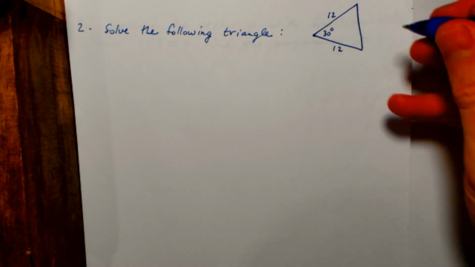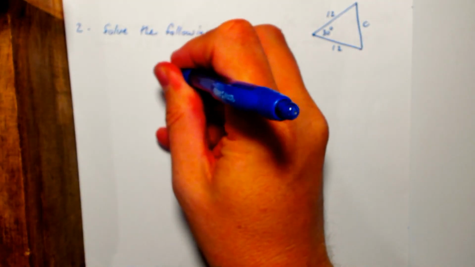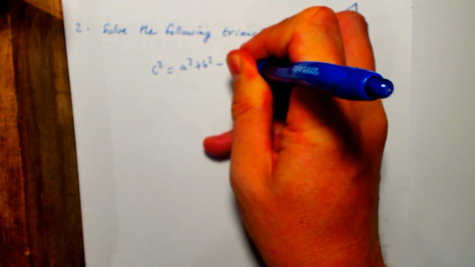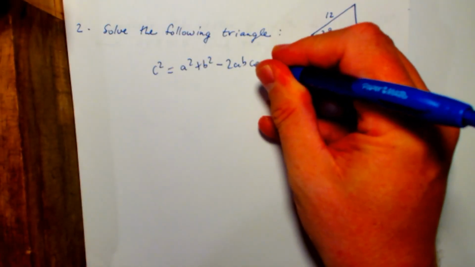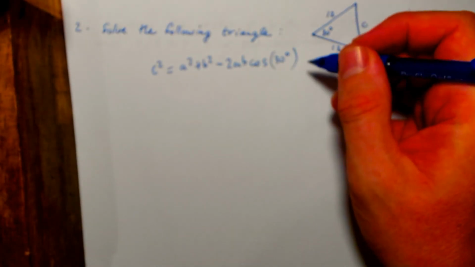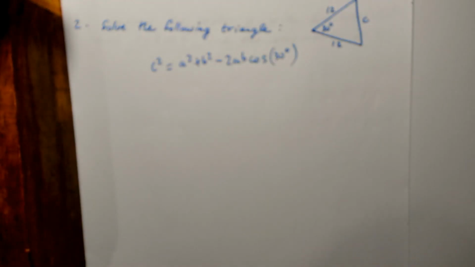Okay, so the opposite side, let's call that C. So first we can use the cosine rule, which would say C squared is equal to A squared plus B squared minus 2AB cos of angle C, which is 30 degrees. Okay, so cos of 30 is root 3 on 2.